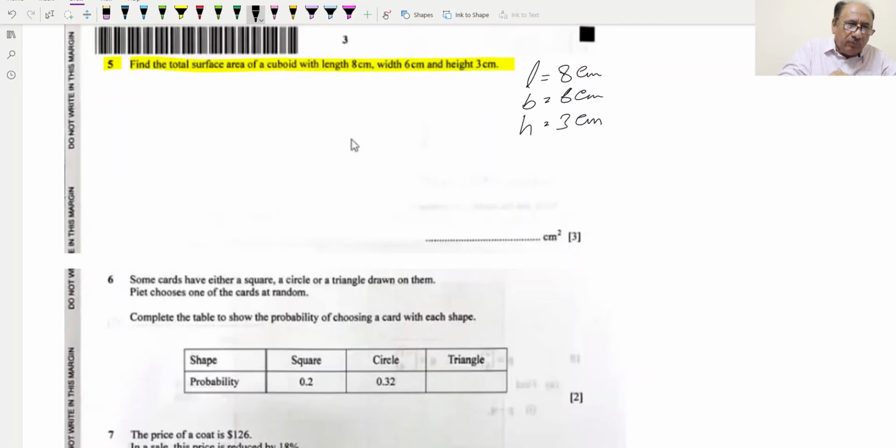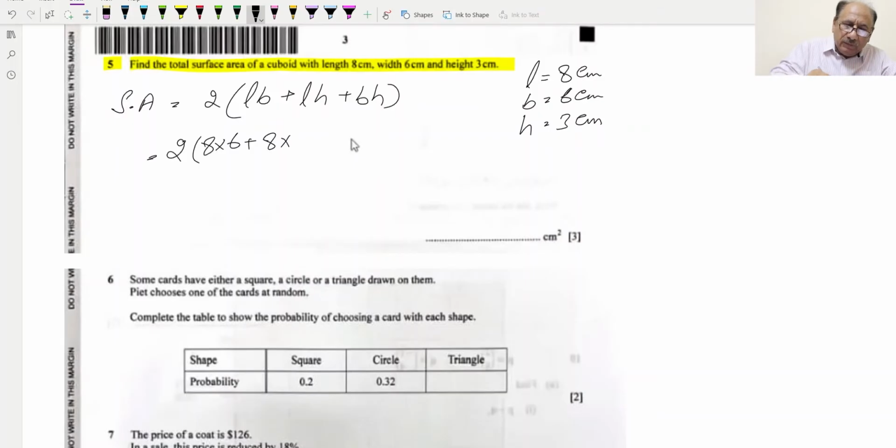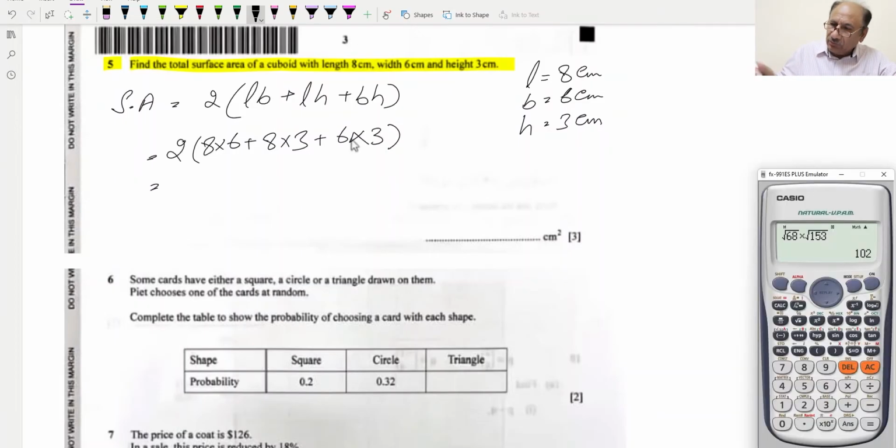We know the formula. Surface area of a cuboid will be equal to 2 into (L times B plus L times H plus B times H). This formula we'll be using. So 2 into (8 times 6 plus 8 times 3 plus 6 times 3), and we can use a calculator for this.